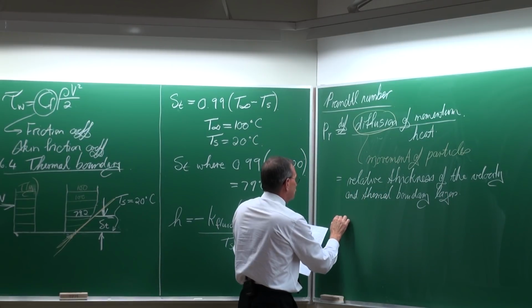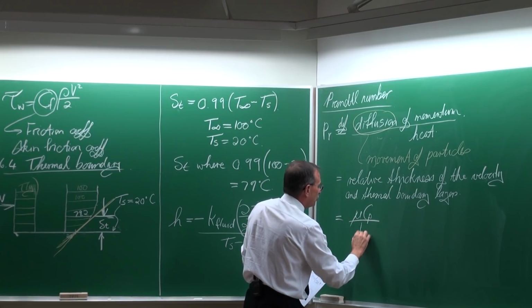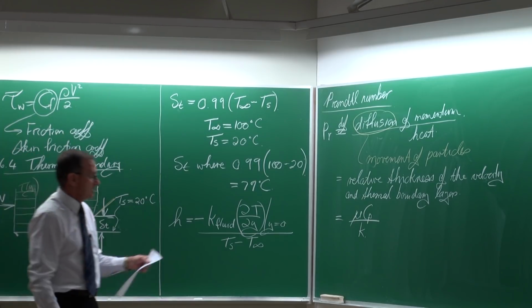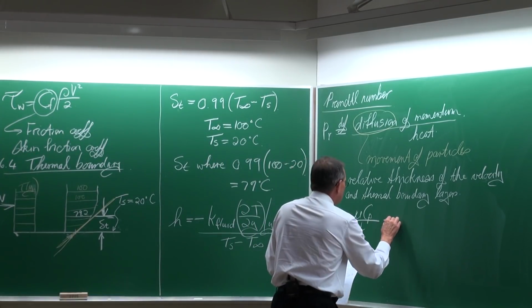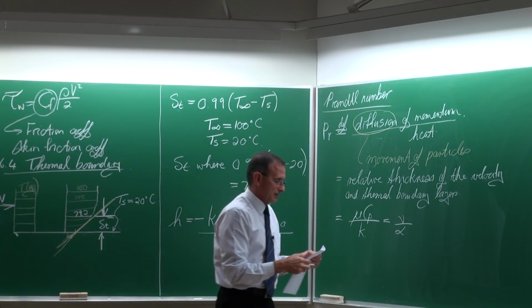And it is equal to the viscosity multiplied by Cp divided by thermal conductivity. So it's all fluid properties, and if you want to, you can also write it as the kinematic viscosity divided by alpha.